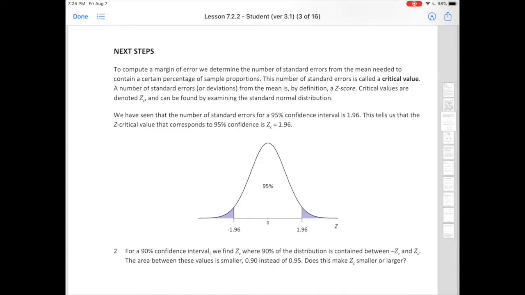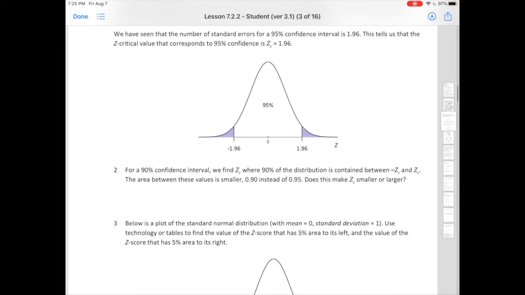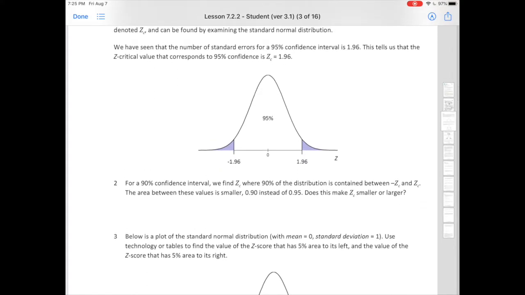Critical values are denoted z sub c and can be found by examining the standard normal distribution. We have seen that the number of standard errors for a 95% confidence interval is 1.96. This tells us that the z critical value that corresponds to 95% confidence is zc equals 1.96.